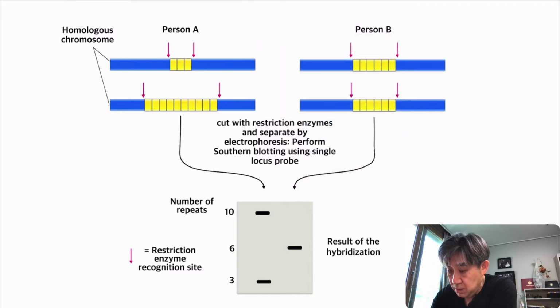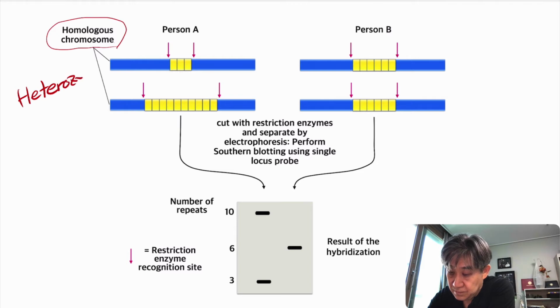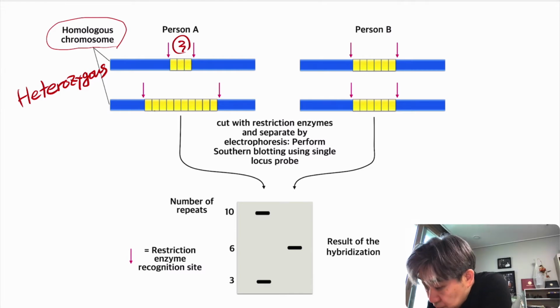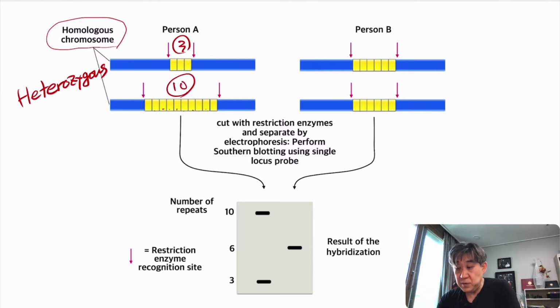Then this homologous chromosome pair is heterozygous in terms of this VNTR-containing locus. In one homologous chromosome you have 3 repeats, but in the other homologous chromosome there are 1, 2, 3, 4, 5, 6, 7, 8, 9, 10 repeats. It can happen because one came from the mother's side and the other from the father's side.